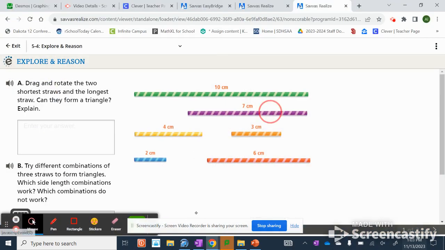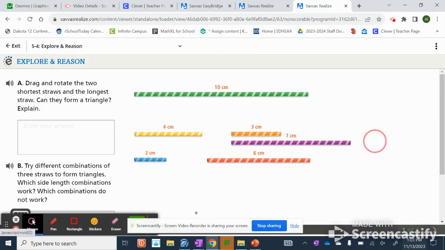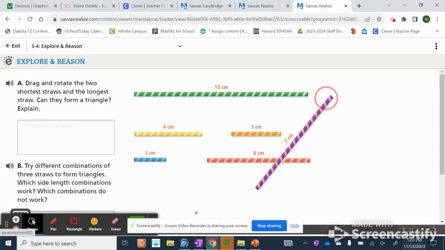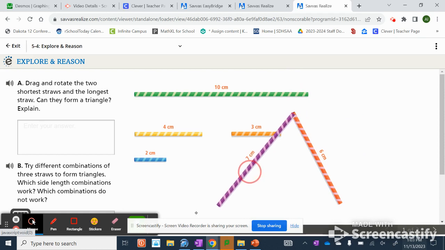Okay, so if I grab this one and go like that, and I grab this one and I go like this, it won't let me move it. There we go. Then if I grab this 2 centimeter one, can I make a triangle out of these?